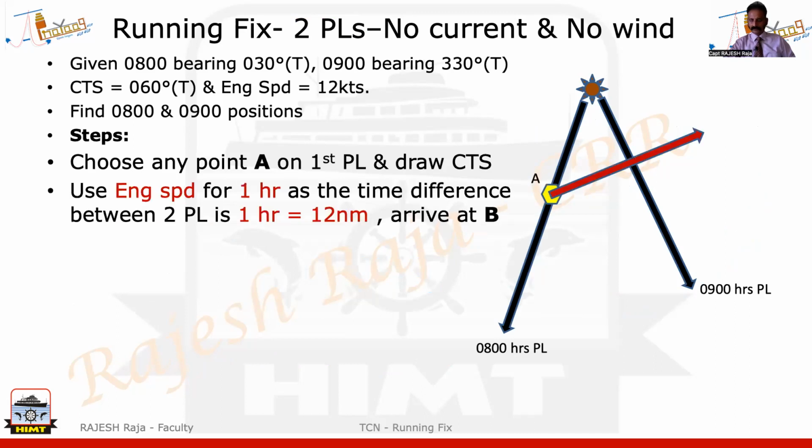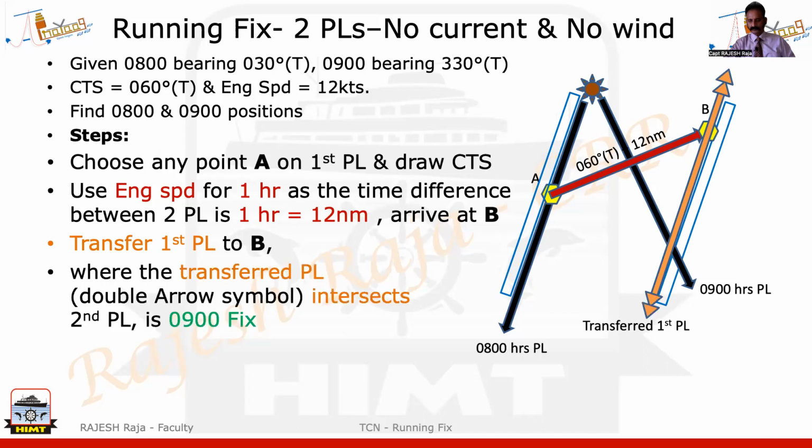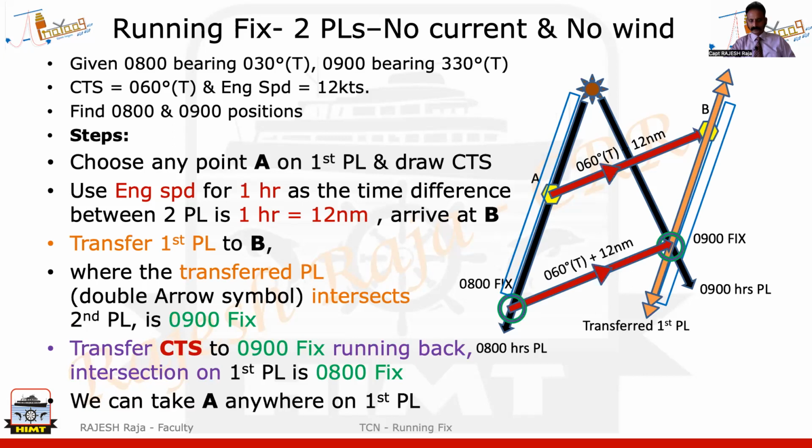I would run the ship, get a Bravo, and I would take a parallel ruler and transfer the first PL, put it on Bravo. Wherever the transferred PL intersects the second PL, it was my fix. Then I could run back and get my fix at 8 o'clock also. So the catch here is I could have taken Alpha anywhere on the first PL.